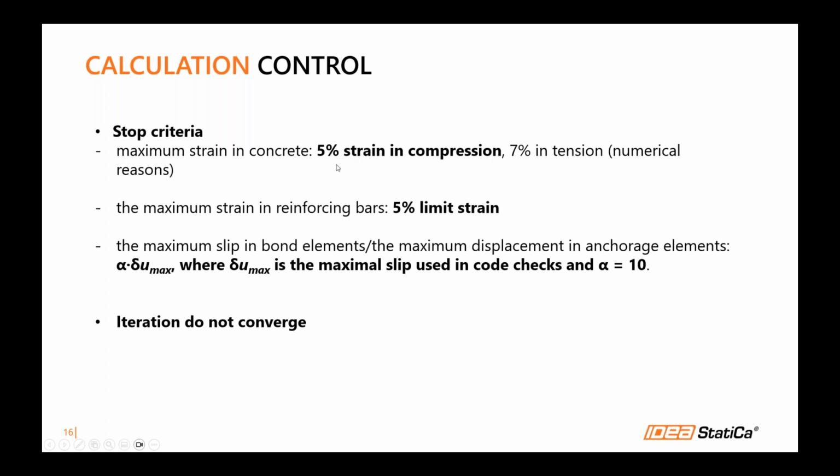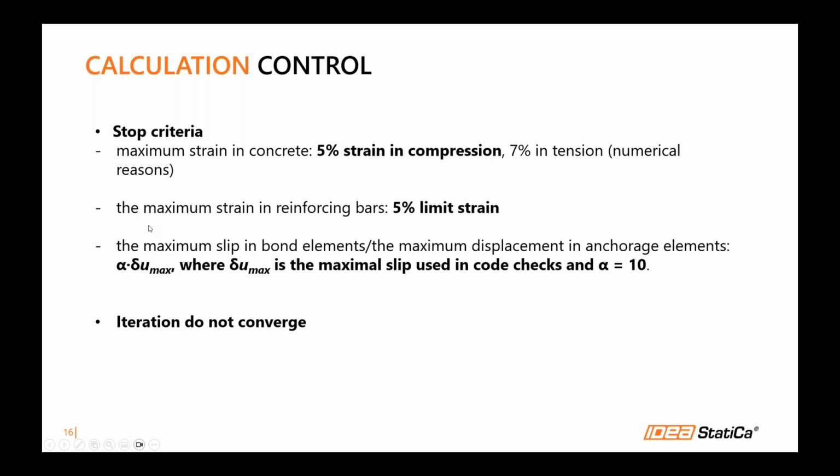We have maximum strain in concrete, which is 5% strain in compression and 7% in tension, but this number is only for numerical reasons, because software doesn't like zero when you have a numerical solution. So there is at least a small part, but when you have a properly reinforced structure, you wouldn't notice that it's there.